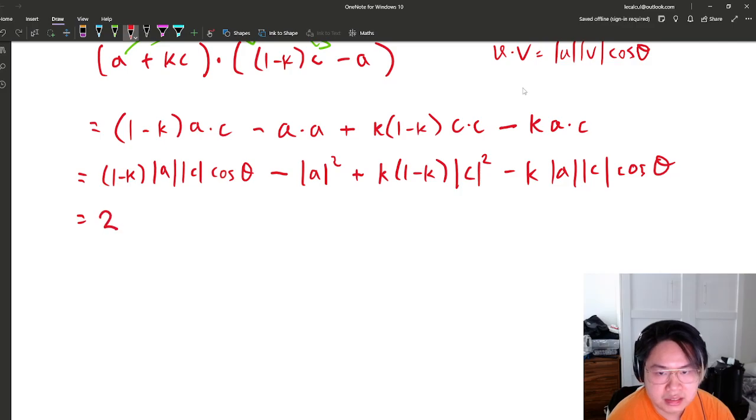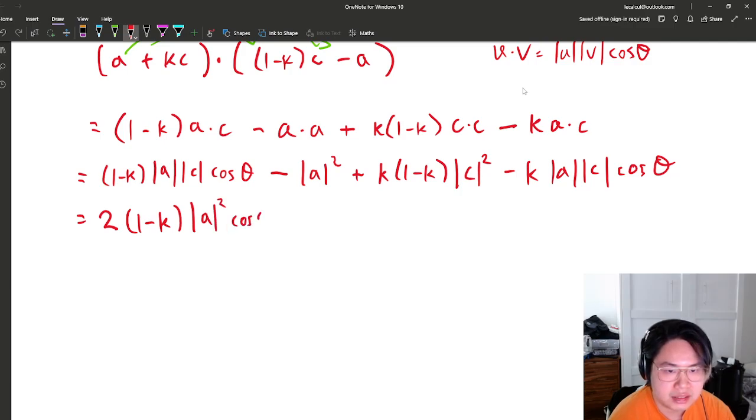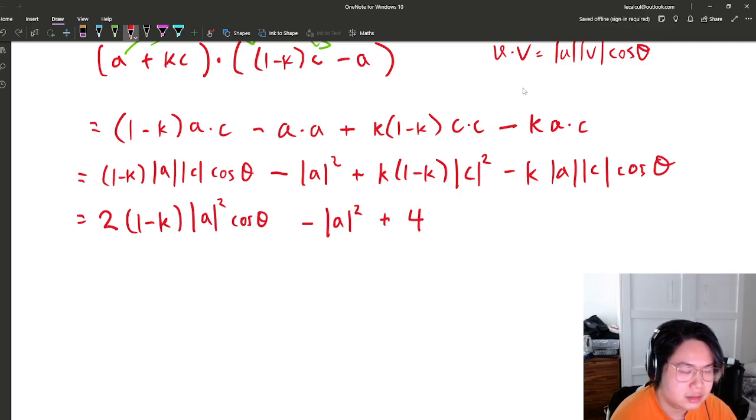Okay, so then this is 2(1 minus k) length of A squared cosine minus length of A squared plus 2 times 2 length of A squared is 4 length of A squared. So I'm just gonna write the 4 in the front.